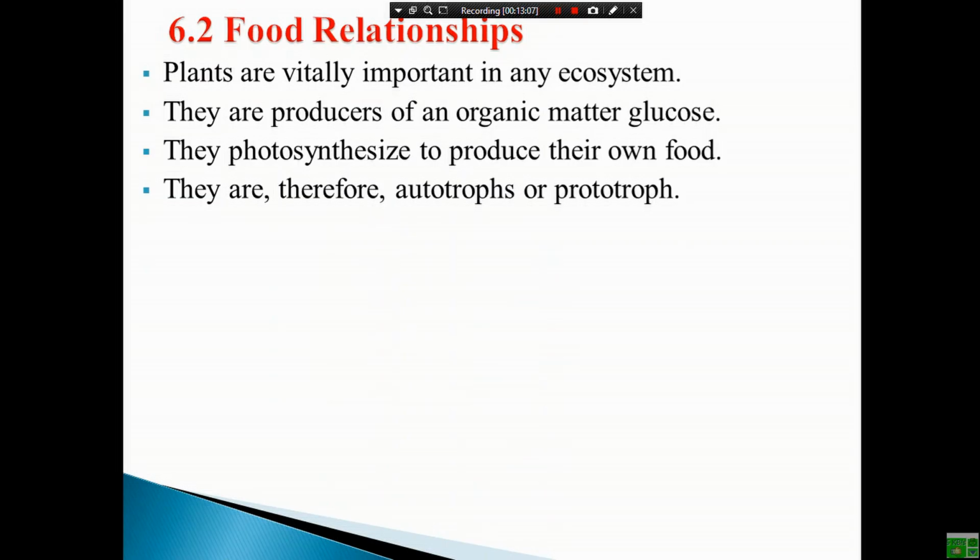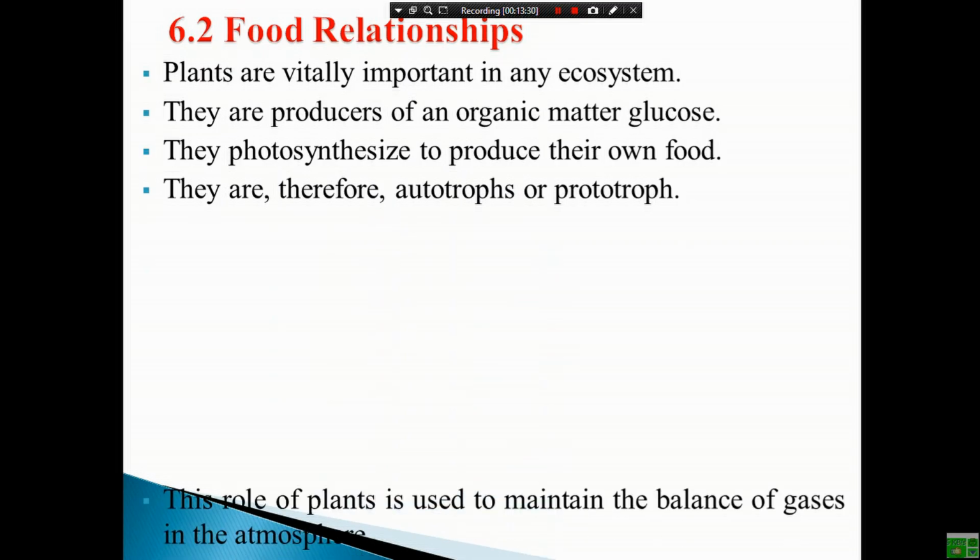Autotrophs means they are self-feeders or producers, called phototrophs, or photosynthetic groups; in other words they are light feeders or inorganic feeders. They make their own food, like algae and green plants.